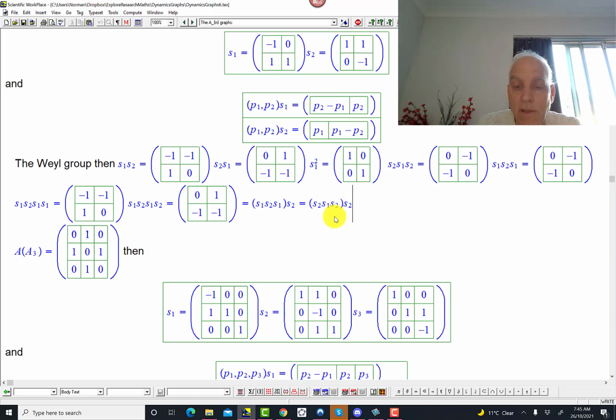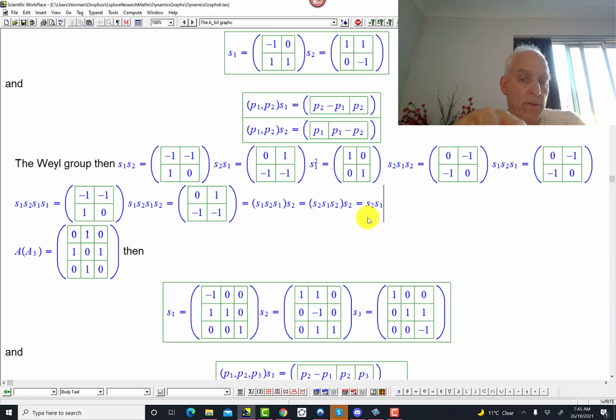And now you can see that when we expand this with associativity, the S2 squareds will be an identity, and they will then disappear. So we're just going to get S2, S1. So that's why we're getting that thing that we already got before.